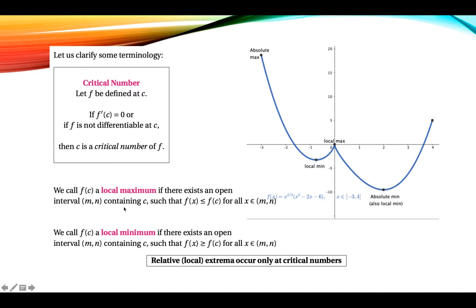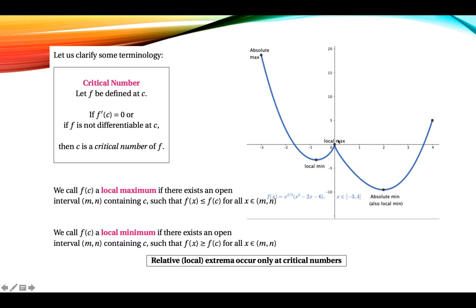We call f of c a local maximum, like this one right here, if there exists an open interval m to n containing c such that f of x is less than or equal to f of c for all values from m to n.